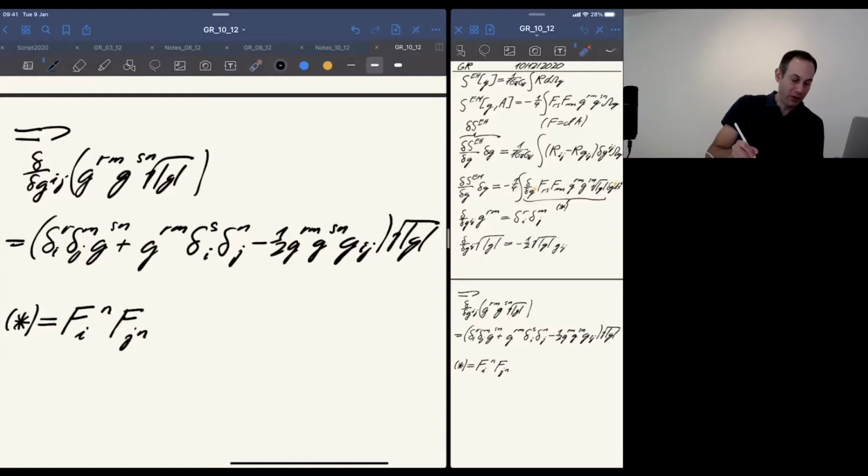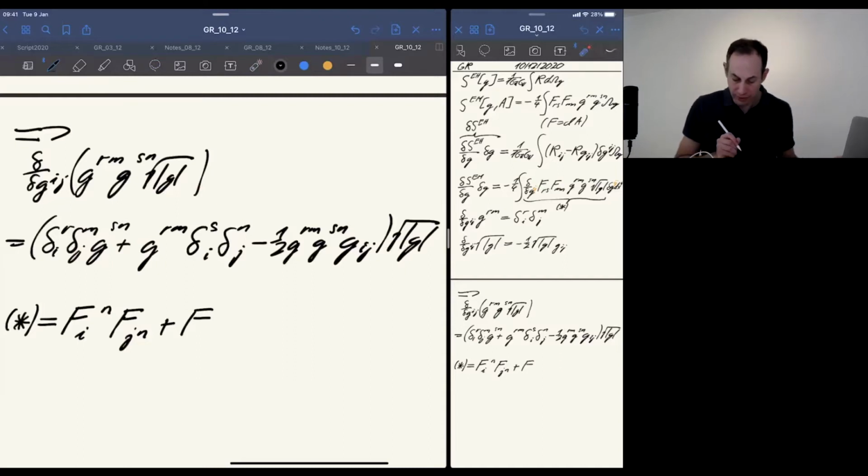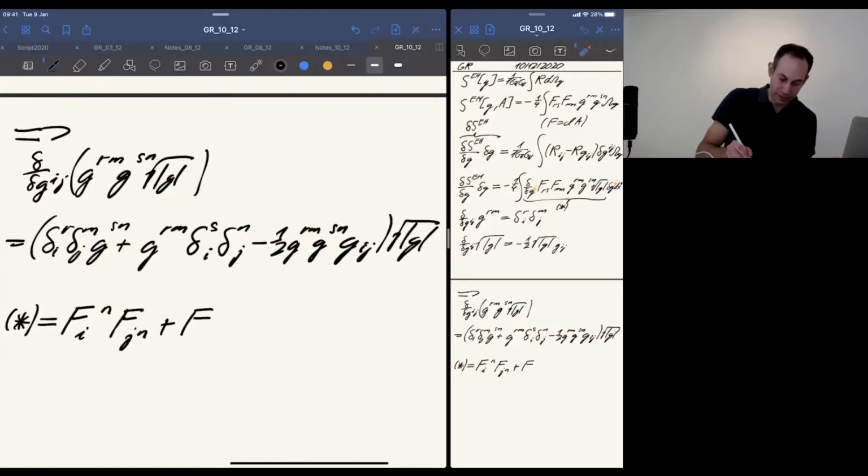Now for the second term, I can just do it analogously. So let me do it a bit faster. So I have the index F_R, which will be an M, still need to be careful.